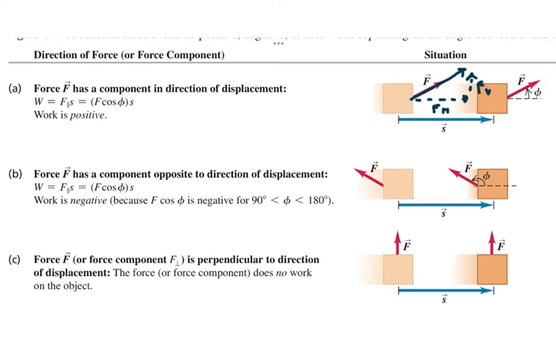So if I wanted to calculate the work in this situation, I would have to know this angle, I'm going to call it theta, and we would have to multiply F times, would it be cosine or sine? In this case, it would be cosine. So F times cosine theta, because cosine is the adjacent over the hypotenuse, right? SOHCAHTOA. And then we would multiply this by the distance, which my book shows as S.